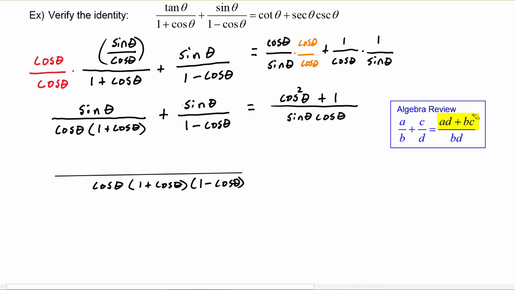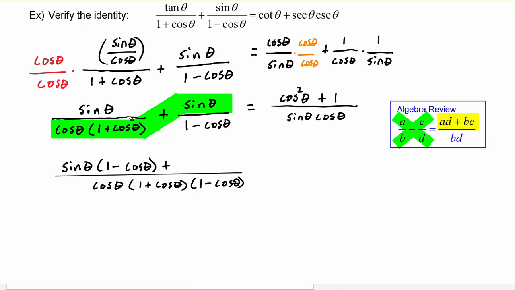The numerator is going to be the sum of the cross products. So we're going to take sine theta times 1 minus cosine theta plus we have to take sine theta here times cosine theta times 1 plus cosine theta.